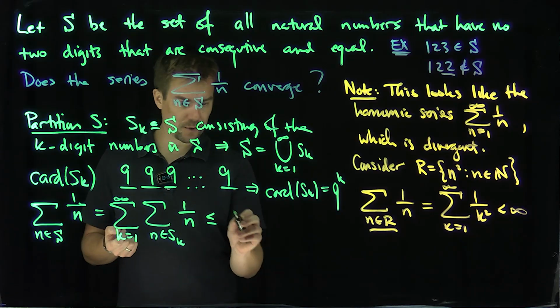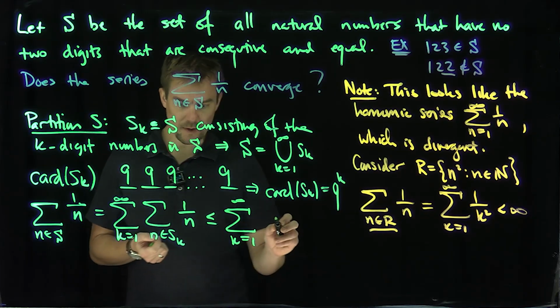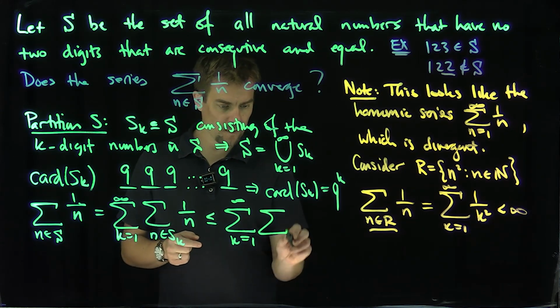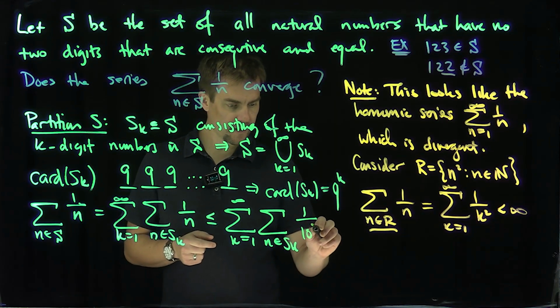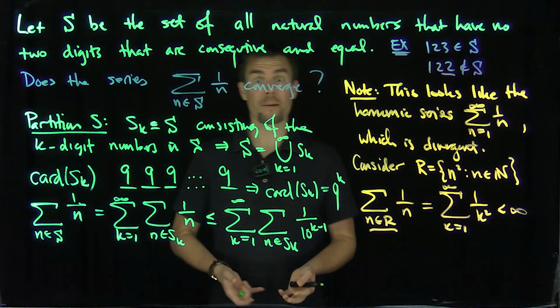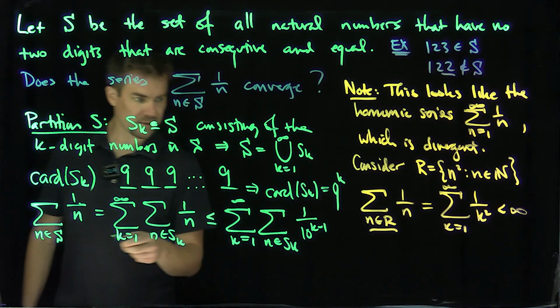So this is less than or equal to the sum, k goes from 1 to infinity, of the sum over n in Sk of 1 over 10 to the k-1. That's a k-1 digit number that's smaller than all of them, which makes the whole sum bigger. Now I can replace this with the cardinality of Sk.